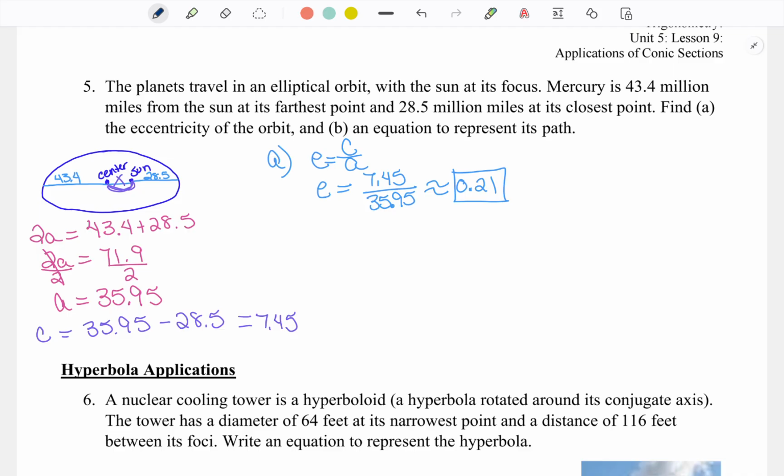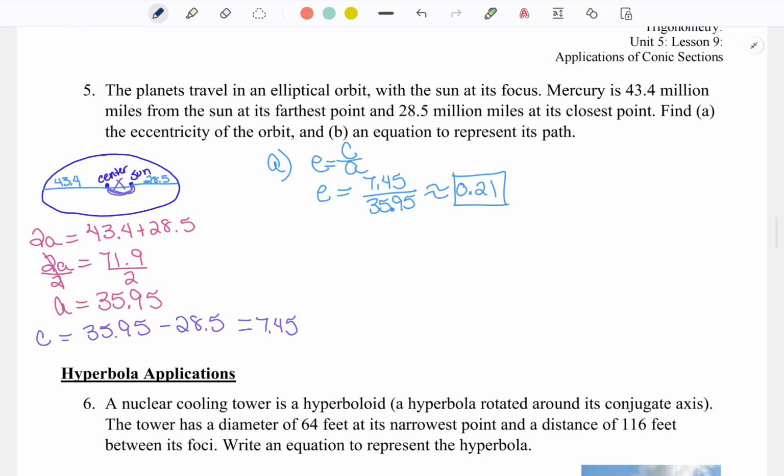And then to write this equation, we are going to need our B value. So we are going to use C squared equals A squared minus B squared. So C squared is going to be that 7.45 squared equals 35.95 squared minus B squared.